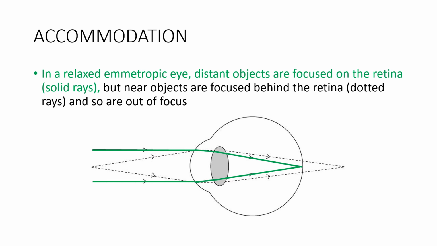Now we'll show what happens to a near object, which is focused behind the retina when the eye is not accommodated, or when the eye is not focusing with the lens.